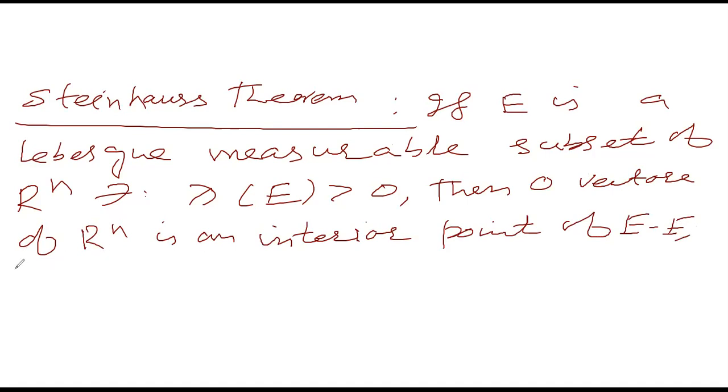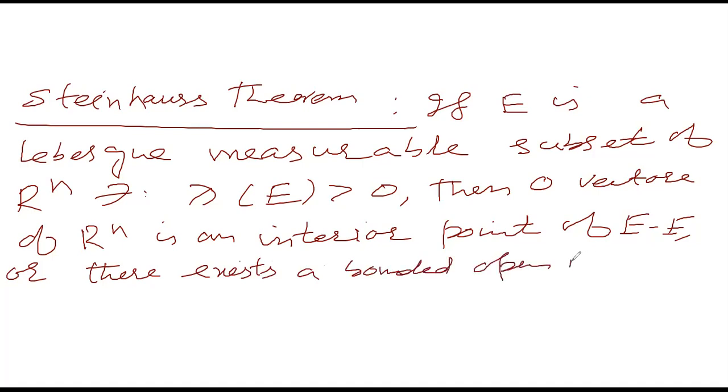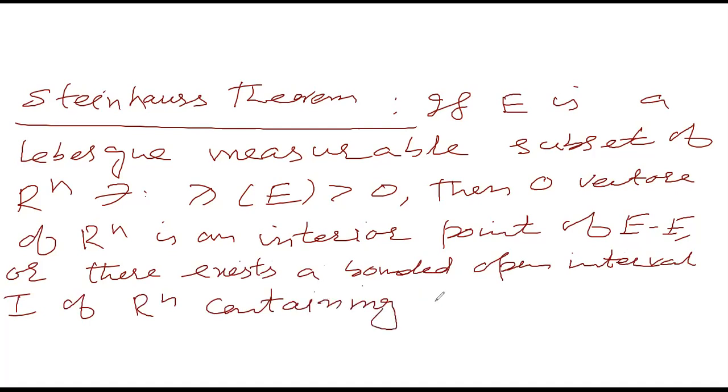Or we can say that there exists a bounded open interval I of Rn containing zero, so I is a neighborhood of zero, such that I is a subset of E minus E. That means zero is actually an interior point of E minus E.